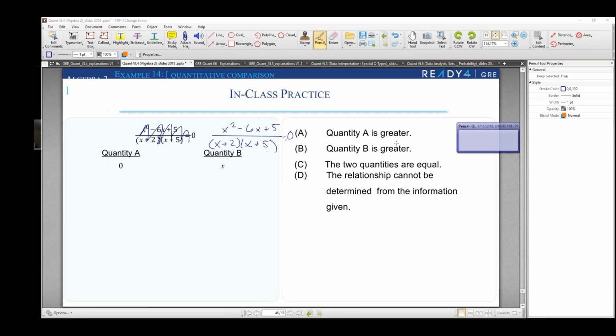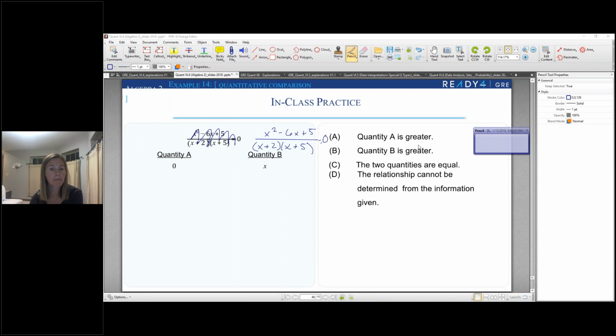Okay, so let's work on this guy. Let's see. So your instinct is hopefully at this point when you see something that is a combination of a square, an x, and a constant to factor. Let's factor that top guy first. So we factor that one. Set up my parentheses. We're going to have an x and an x.